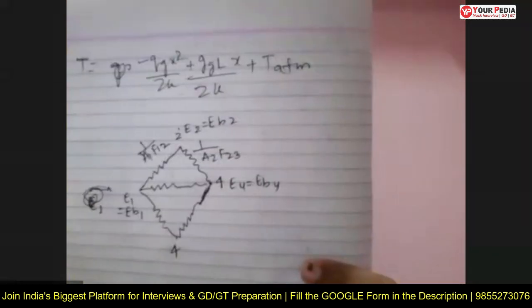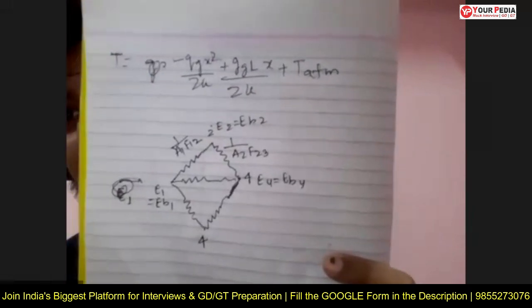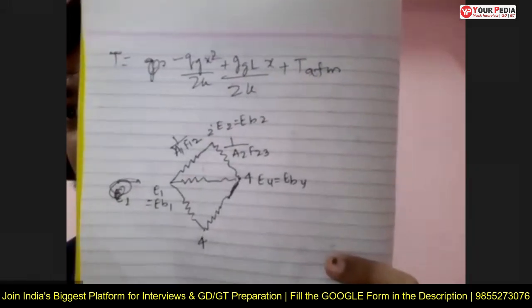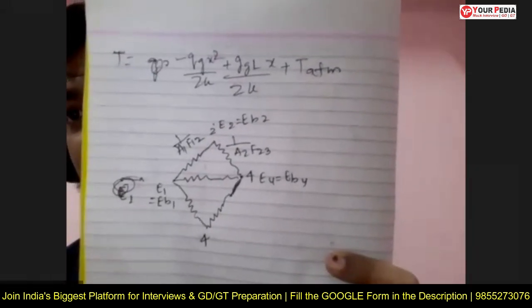There will be only the space resistance of the body because this is considered a black body. Then only the heat transferred by A1 F12.